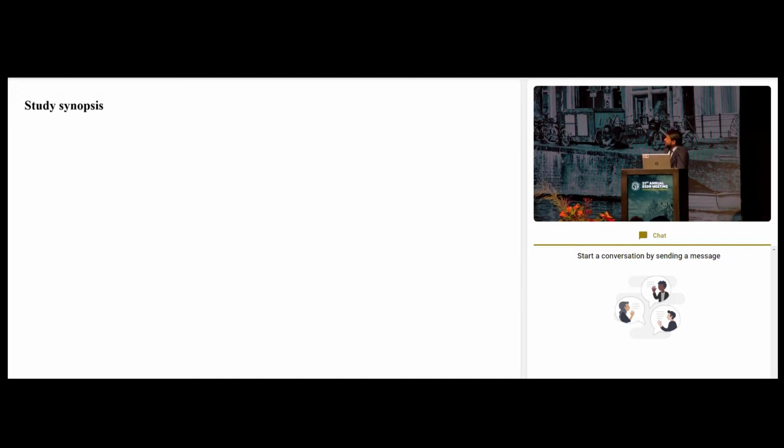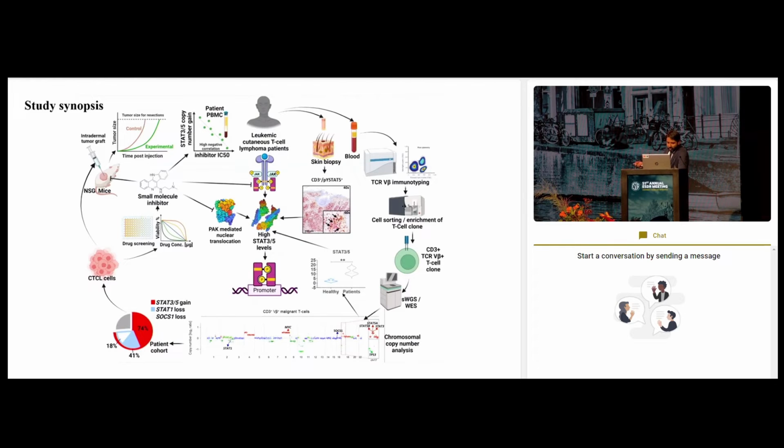Okay. So I would like to give you the study synopsis of our work. Here, the leukemic CTCL patients come to our clinic. We collect the skin biopsies and also the blood samples, from which we isolate the PBMCs.